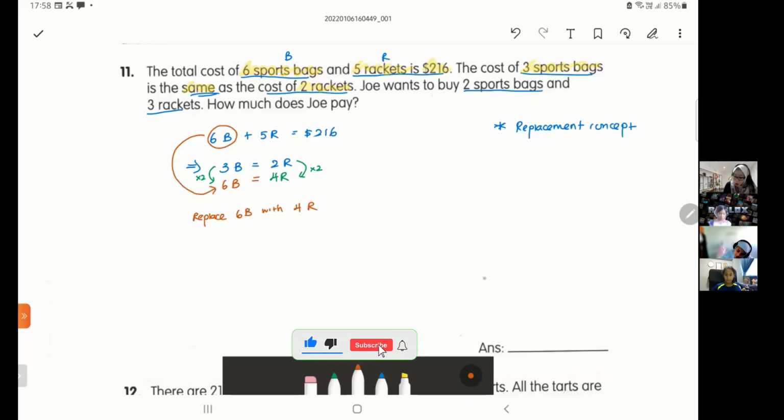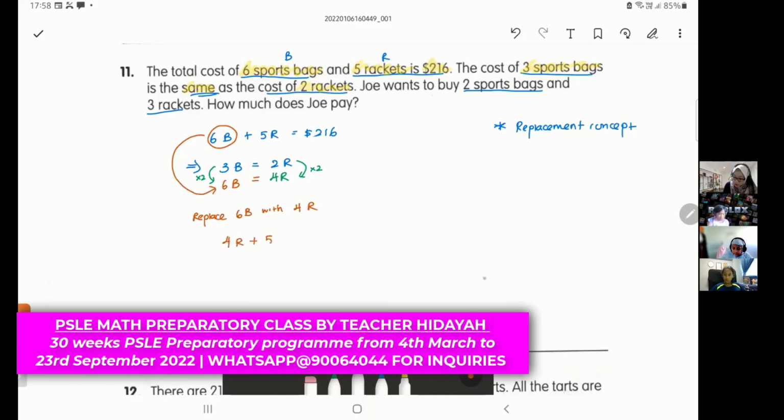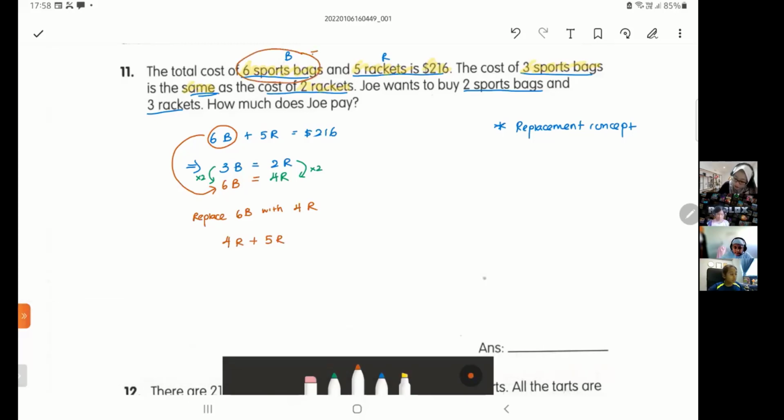Okay? So which means 4 rackets plus 5 rackets, which means these 6 bags back here, I already converted to become the 4 rackets here. So 4 rackets and 5 rackets comes from here. Can you see? It comes from the first sentence still. I'm replacing the 6 bags with 4 rackets.